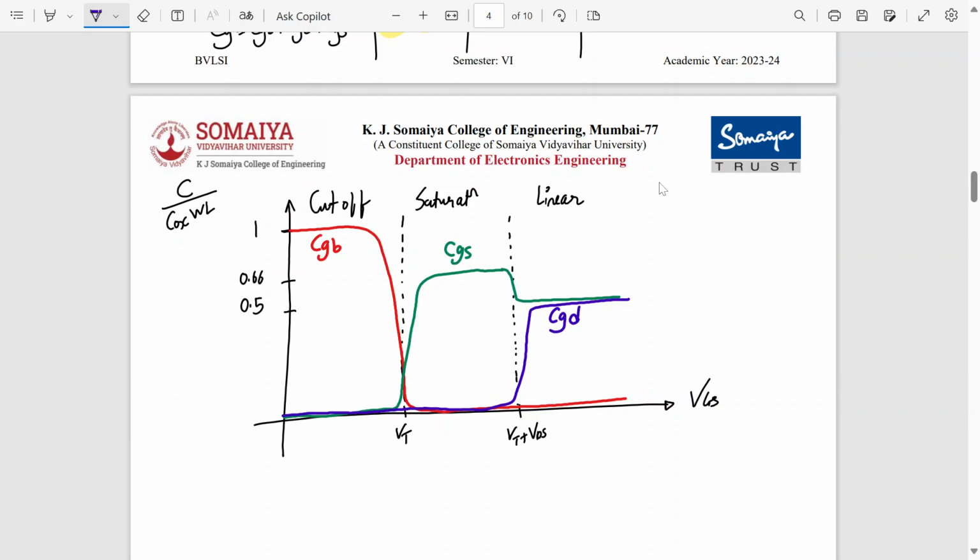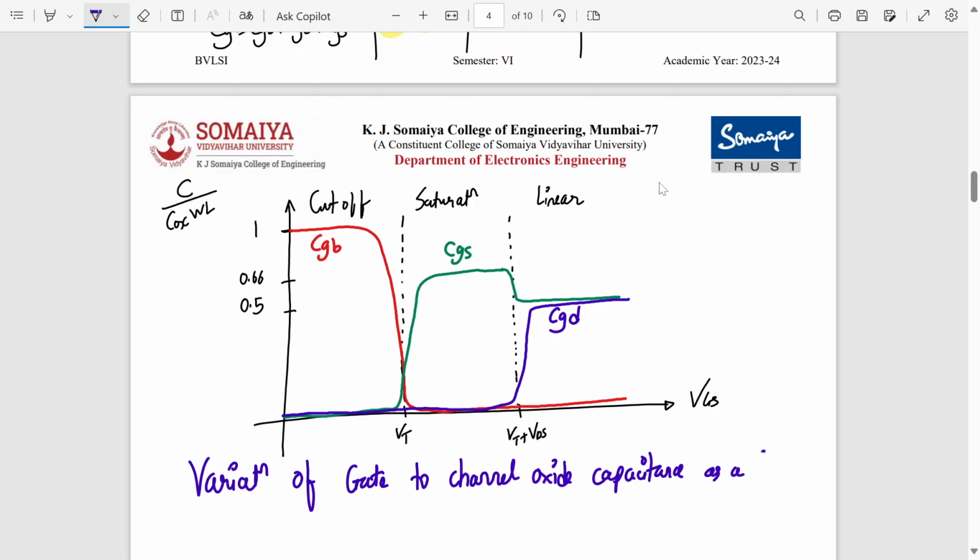So this is the graph of variation of gate to channel oxide capacitance as a function of VGS. This is also important.